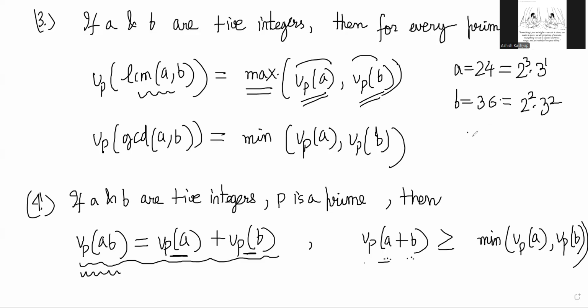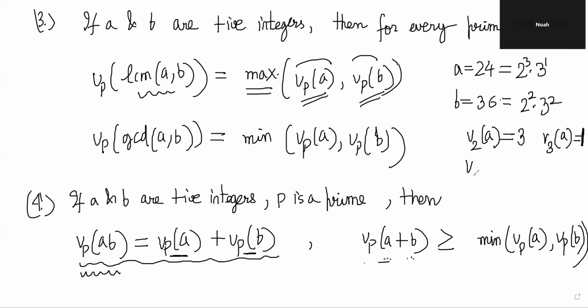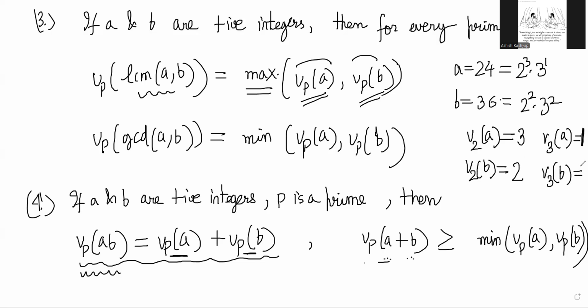Let's find out V_2(A). It would be 3. And V_3(A) is 1. V_2(B) is 2, and V_3(B) is 2. So we know the individual values here.